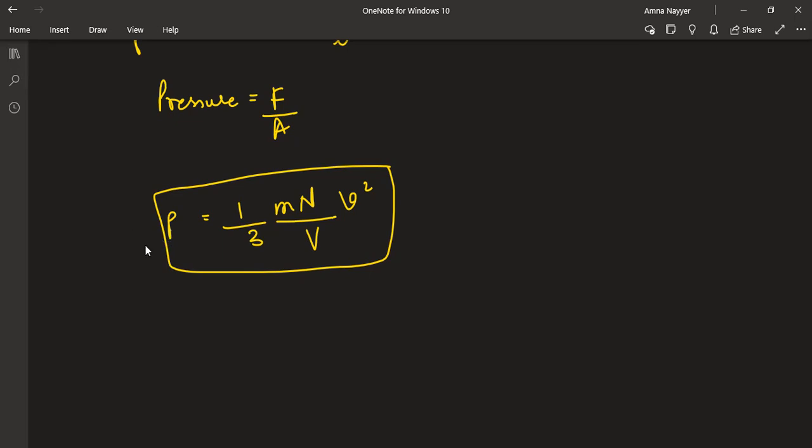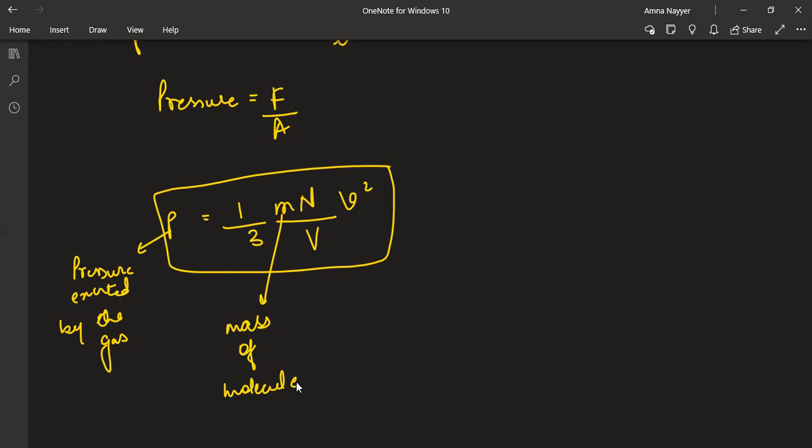See, what is P? This is the pressure exerted. 1/3 is a constant. Small m is the mass of molecule. This derivation is not there in your syllabus, this part. So just remember this formula.